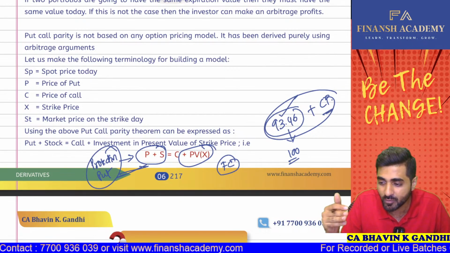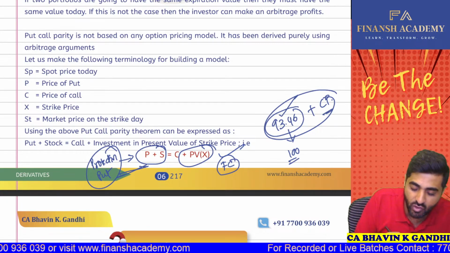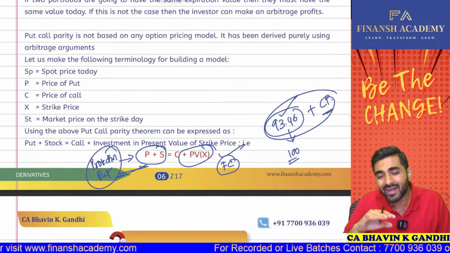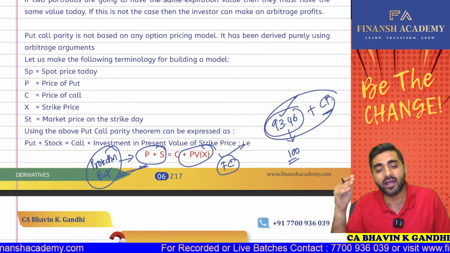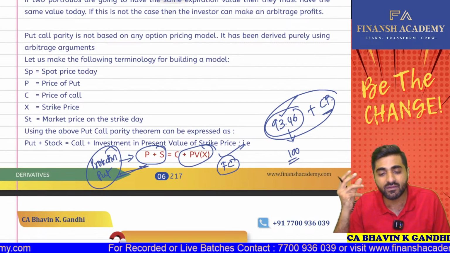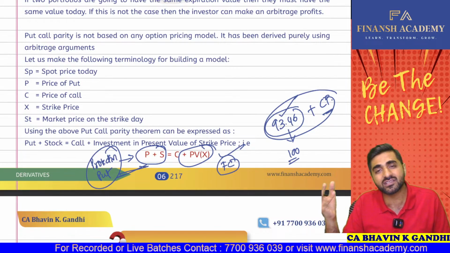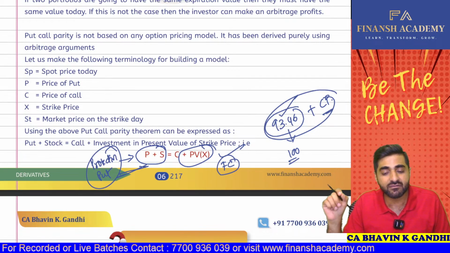And correspondingly, the second part is your fiduciary call. So fiduciary call means that there will be a portfolio where we'll be buying a call option and there will be the present value of the strike price.